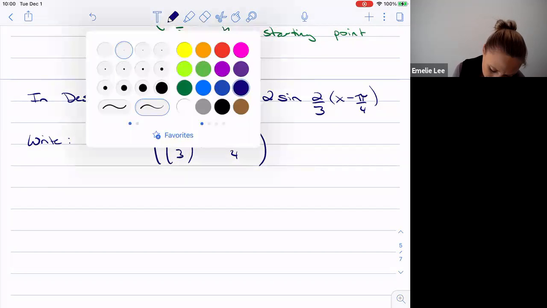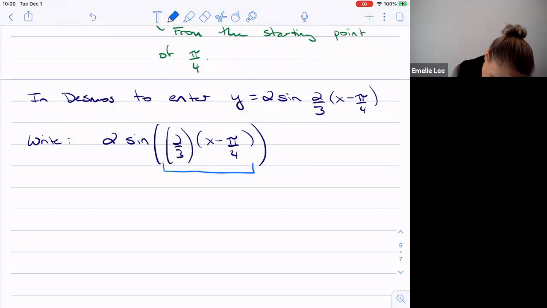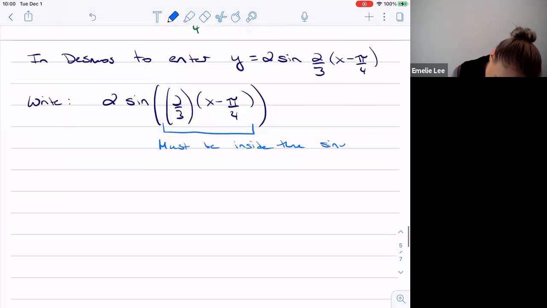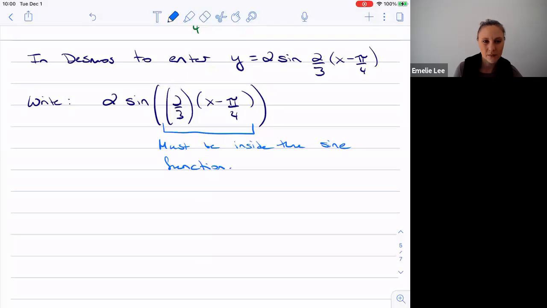Because all this must be inside the sine function.